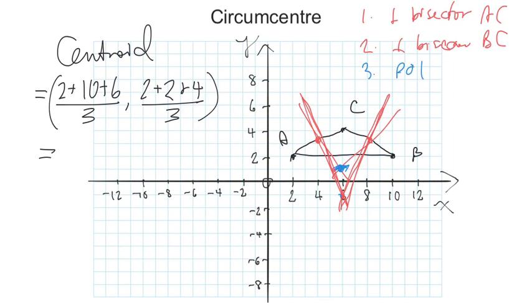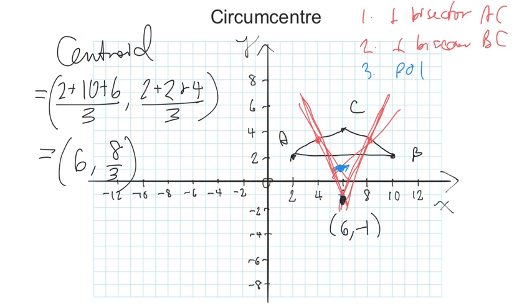If I work that out, 2 plus 10 plus 6 is 18 divided by 3, that's 6. Okay, well that's the same. But the y value is 2 plus 2 plus 4 is 8, so 8 divided by 3, which is not the same. Our circumcenter here is at 6, negative 1.